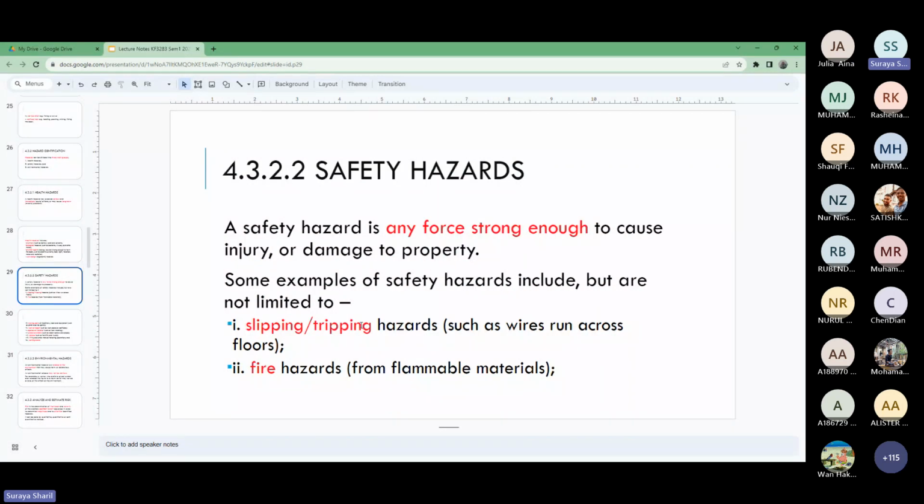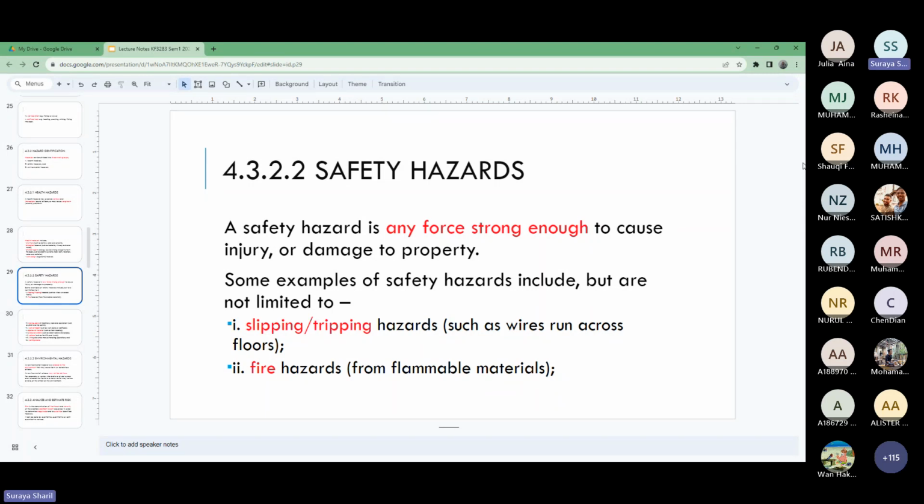Slipping or tripping hazard. If you go to the lab, even in our faculty, there is a zebra line to give warning for the users of the lab, if there is any possible hazard.